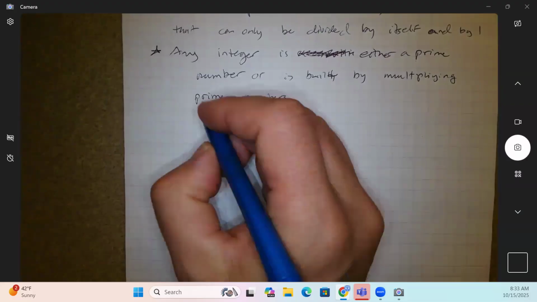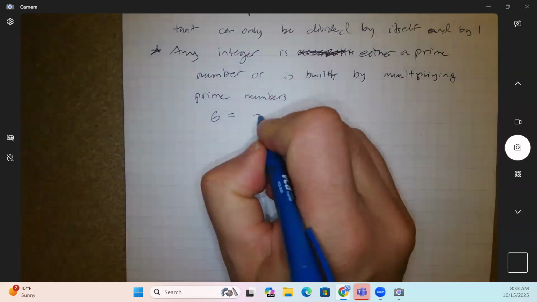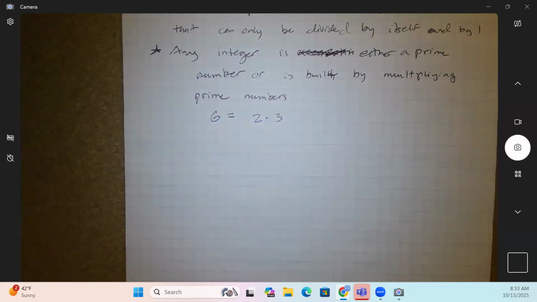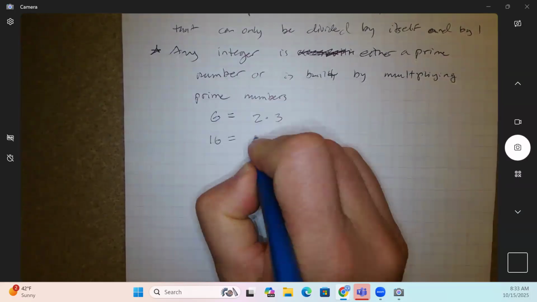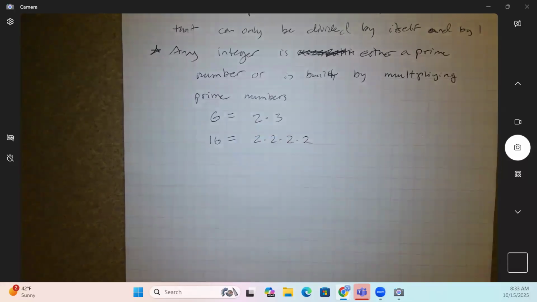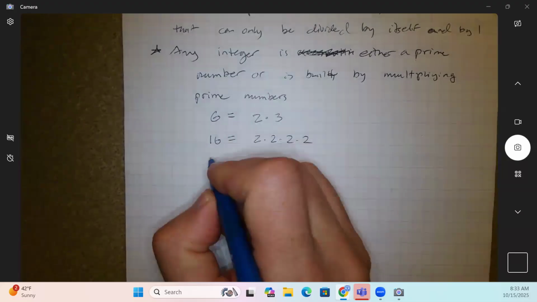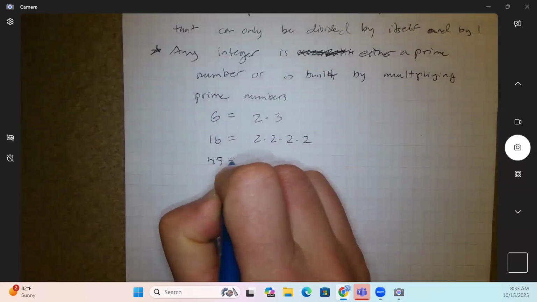Let's try a couple. 6 is 2 times 3, and 2 and 3 are both prime numbers. 16, that's 2 times 2 times 2 times 2, and 2 is a prime number. But you can use the same prime more than once. 45.